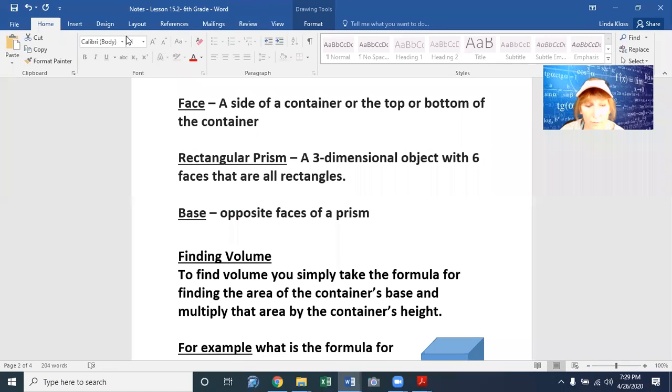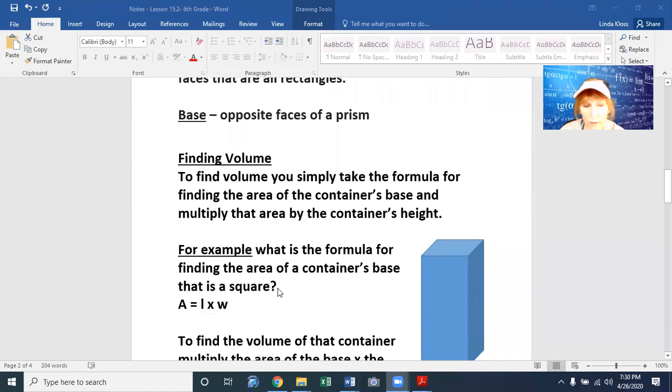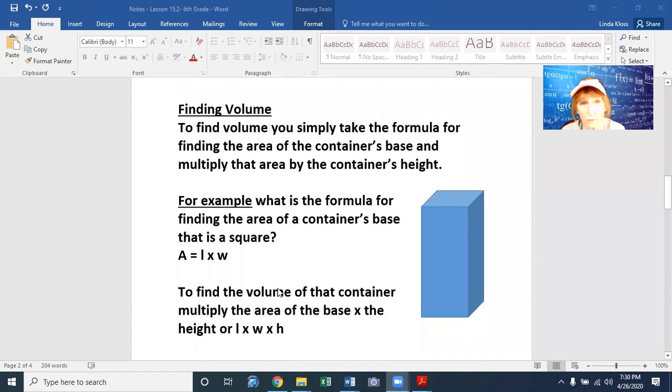So how do we find volume? We talked about it. There's a couple of easy ways. So far you've learned that the area of a square, for instance, is length times width, right? Or base times height. So if this is a square right here, and then the bottom would also be a square, that's your base. So the area of just the bottom is length times width, right?